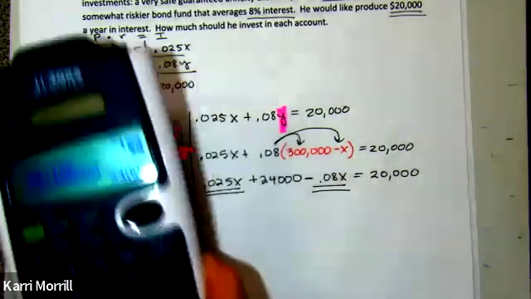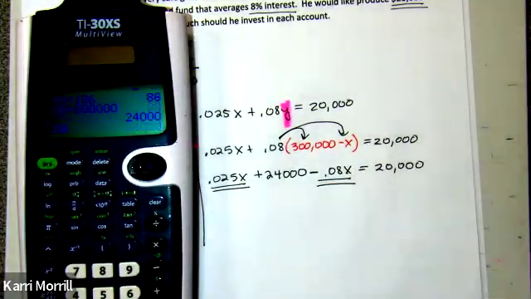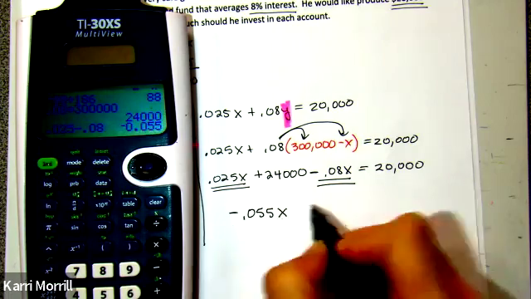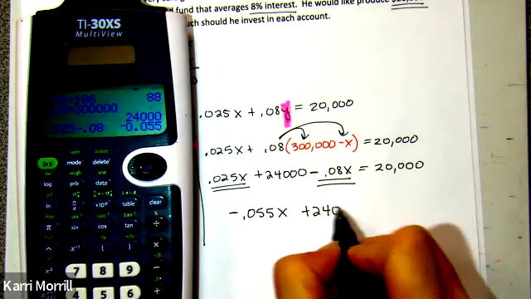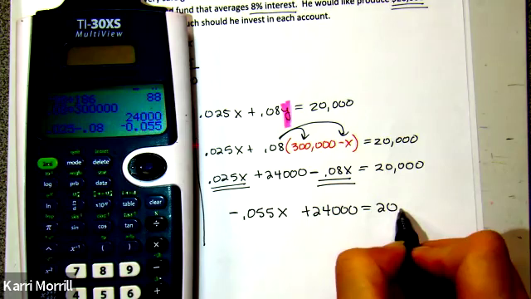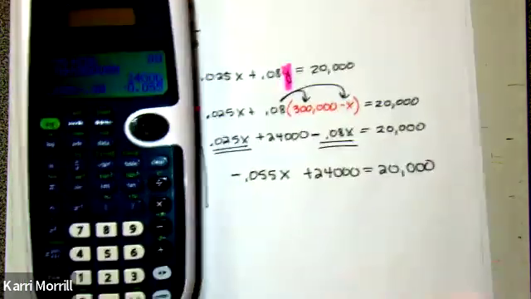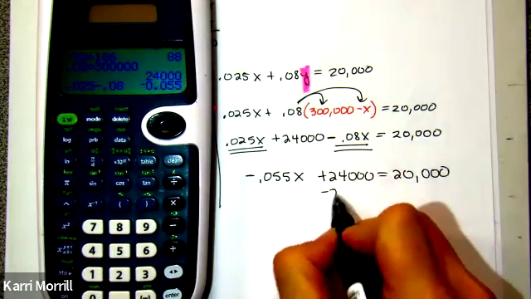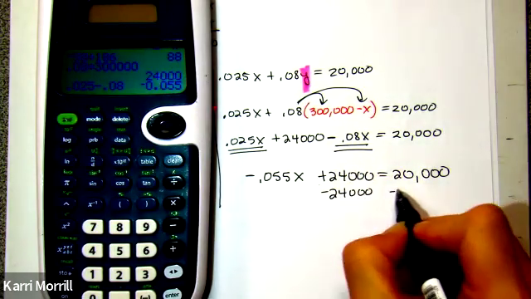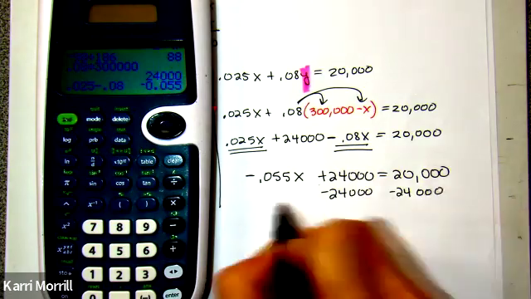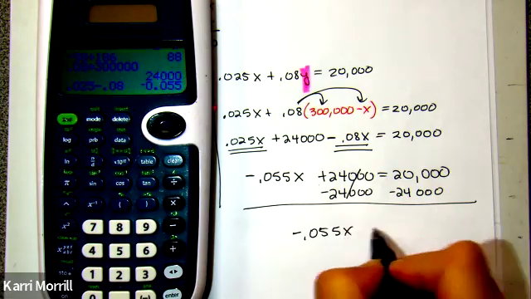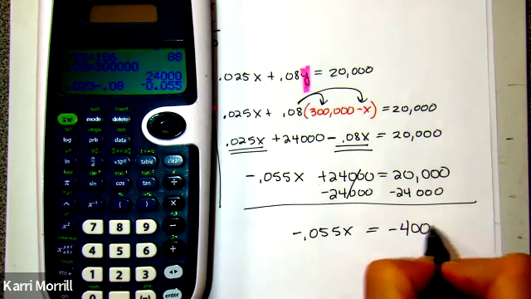It'll be a negative, but you can type it in your calculator. 0.025 minus 0.08 is a negative 0.055x. And then I'll just bring down plus 24,000 equals 20,000. Then we would subtract 24,000 to move this over to the other side. So we have a negative 0.055x equals a negative 4,000.